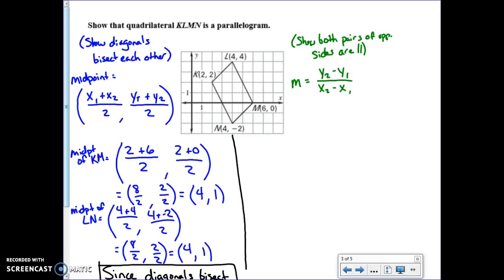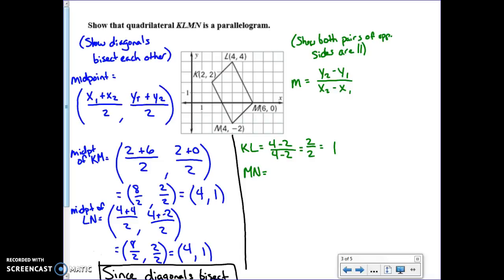So let's see. Let's start with KL again. So KL, I have 4 minus 2 over 4 minus 2. Subtract the y's, subtract the x's. So 4 minus 2 is 2, 4 minus 2 is 2, 2 over 2 is 1. Okay, I need to see that MN is going to have that same slope.